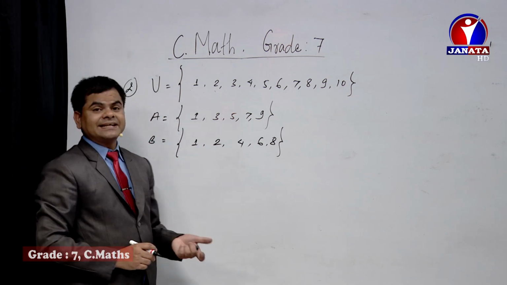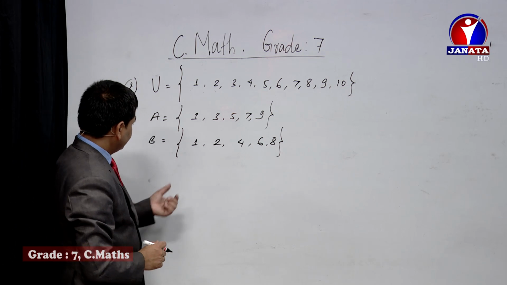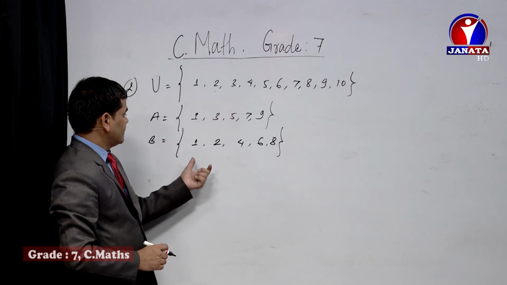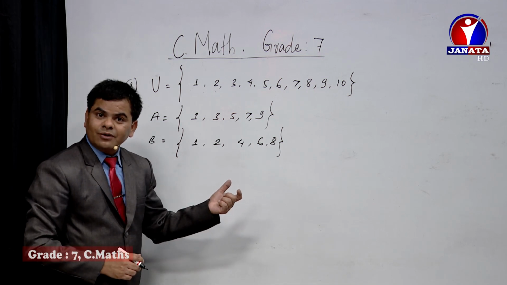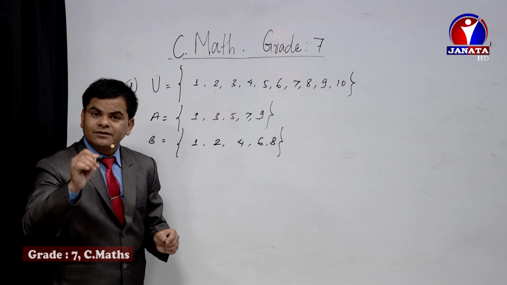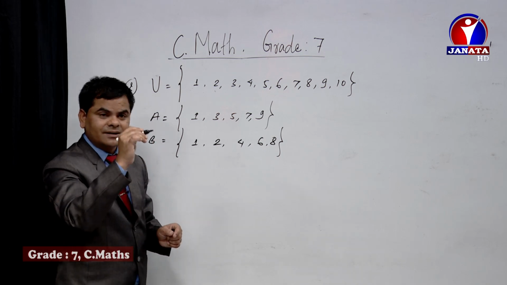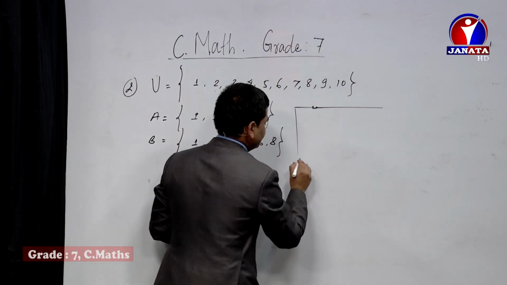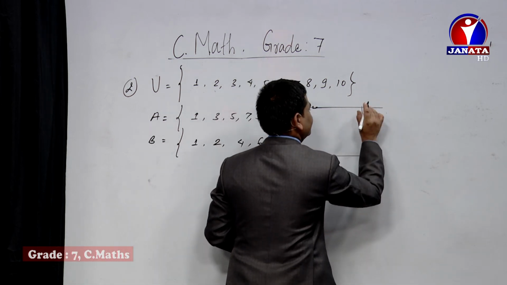If you have to represent this, dear students, in the Venn diagram, what will you do? First of all, you need to keep the common elements inside the Venn diagram. First of all, prepare a rectangle having the universal set U shape. In this way always. And while preparing the Venn diagram, do not use a soft hand, dear students.